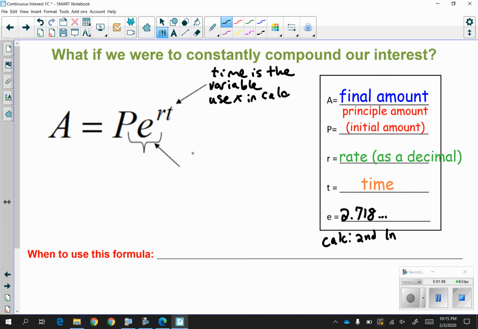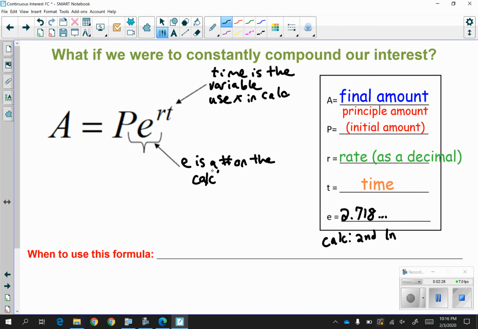And E is a number found on the calculator. So please just make sure that you don't replace E with an actual value. Always leave it as E unless the problem says to use 2.718. That's the only time you would substitute it in.